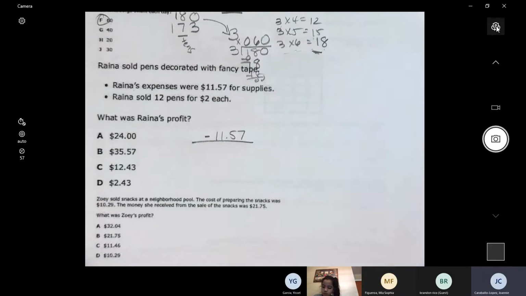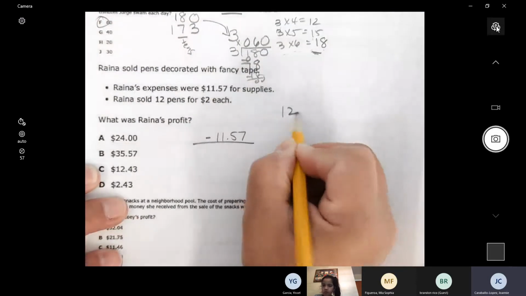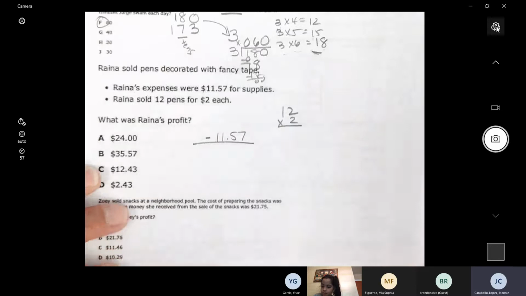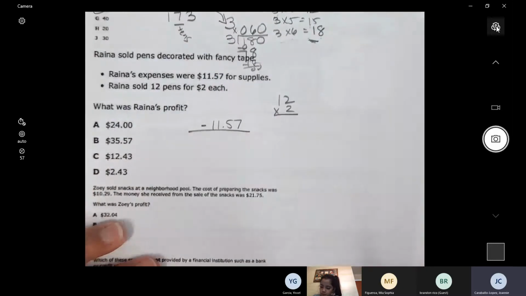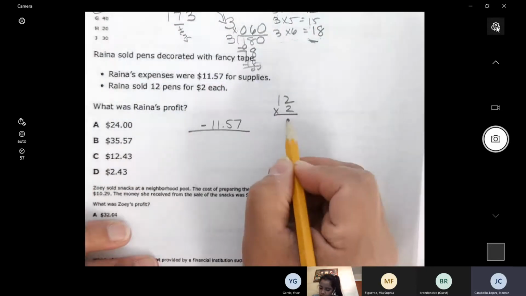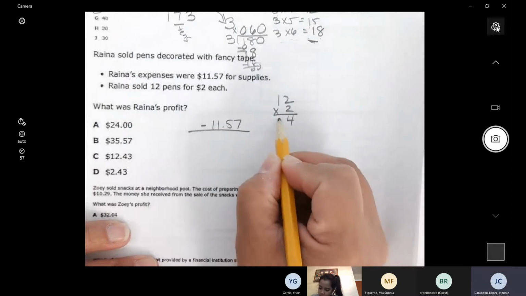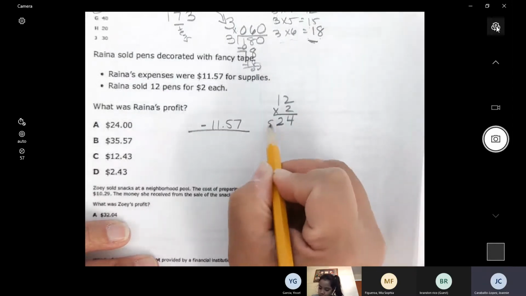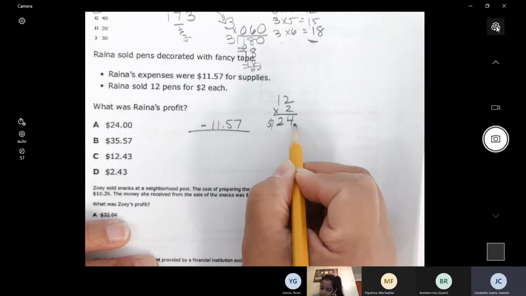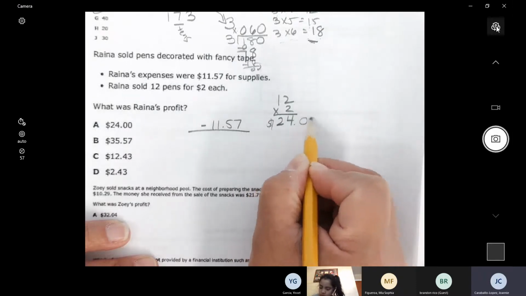So should I subtract $2 12 times, or can I multiply 12 times 2 so I can know how much money she made in pens, right? So 2 times 2 is what? And 2 times 1 is? 2. And since this is dollars, then I know that there's a ghost decimal here and invisible zeros here.